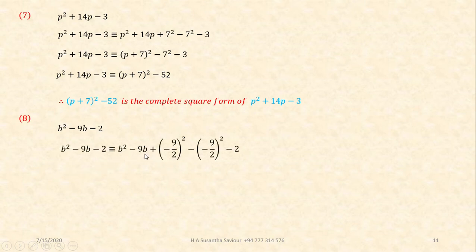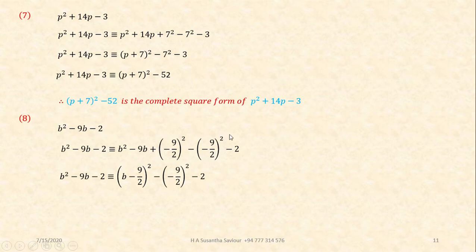Look at this, half of it is 9 over 2. In the earlier example also I multiplied and showed you half into 9 is equal to minus 9 over 2. So look at this, minus 9 over 2 squared you added and then subtracted.